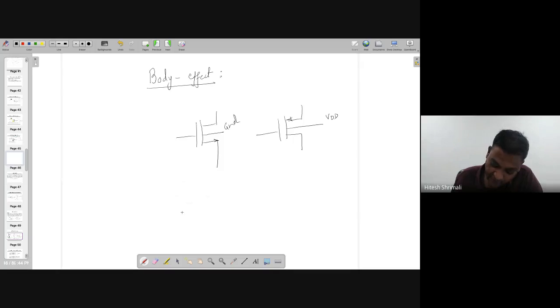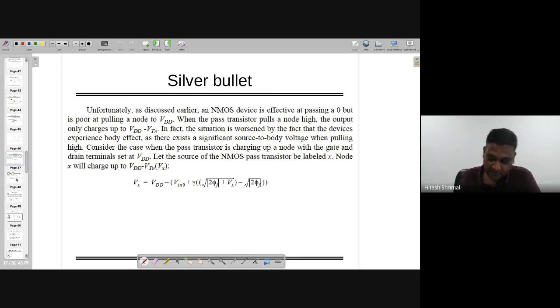But at the same time, we also agree that source and body has to be tied together, or VSB has to be equal to 0. If VSB is not equal to 0, then the body effect will occur. And what will body effect do? Body effect will do as follows.